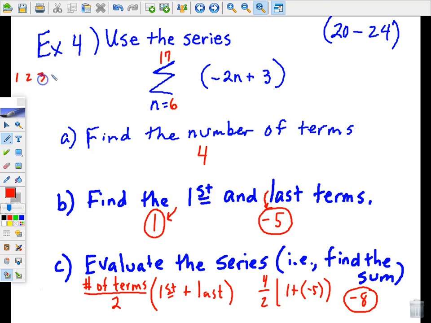I'm just going to list 17 numbers just real quickly. Okay, let's just pretend for a second that we have these 17 numbers that are in a series. Okay, so they would be all added up.